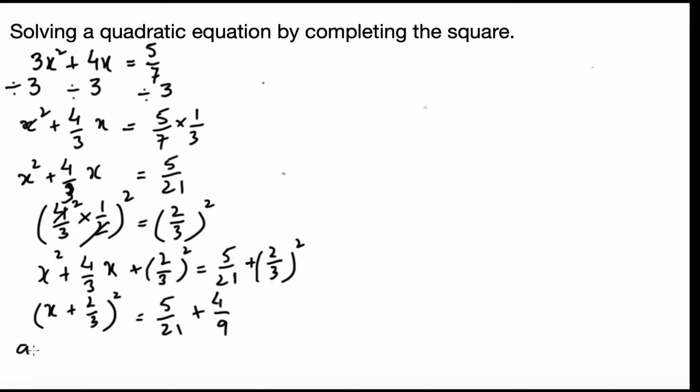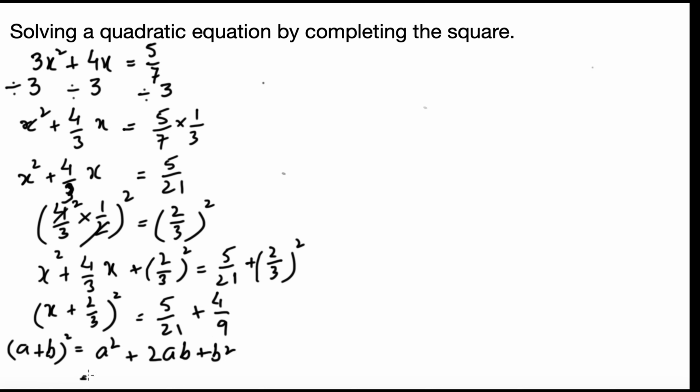Basically, (a + b) whole squared is equal to a squared plus 2ab plus b squared.